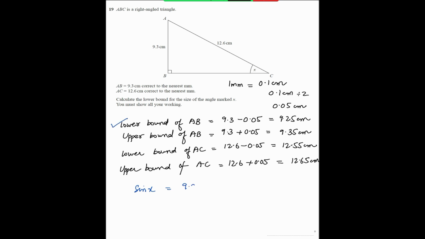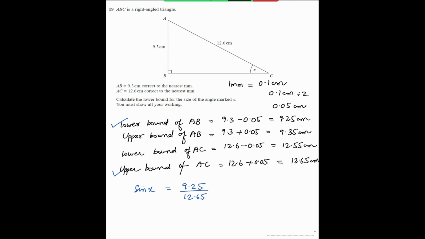Sin X equals 9.25 over 12.65. If you divide lower by upper bound, 9.25 by 12.65, that will give you the smallest possible angle. Because in division, if you divide by a larger value, your answer will become smaller. That's why we are taking the upper bound in the denominator.